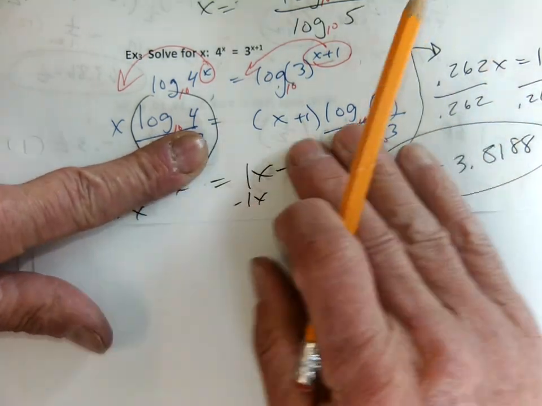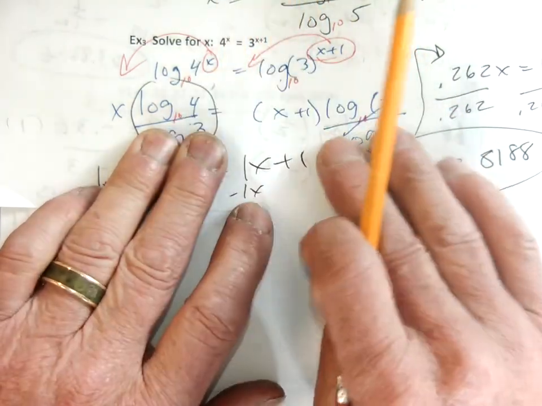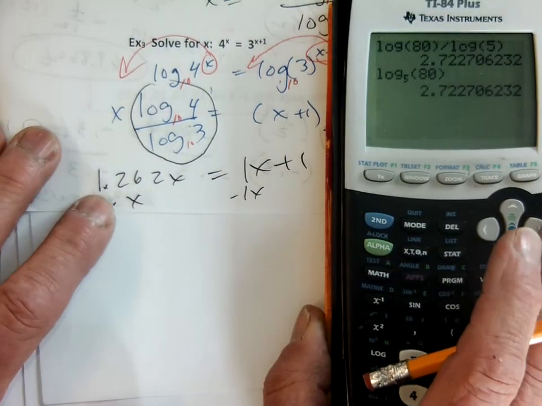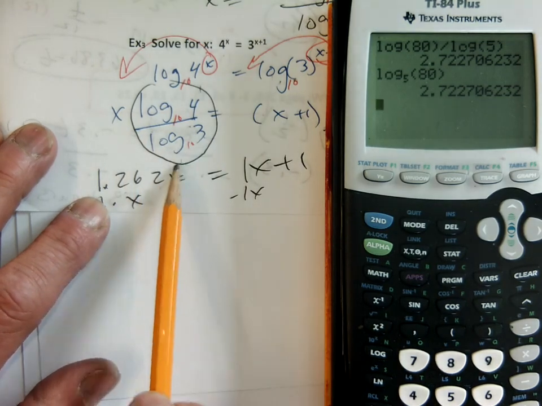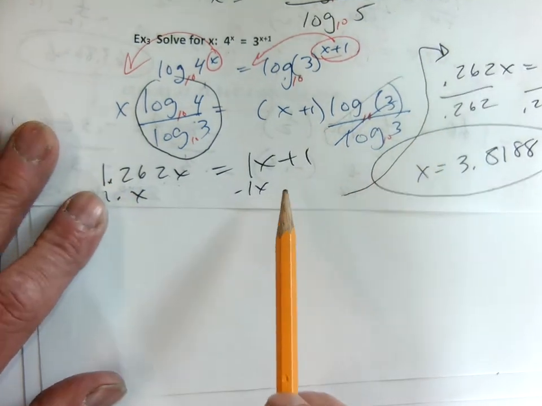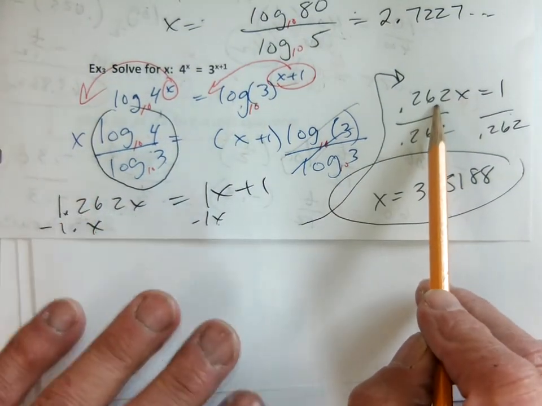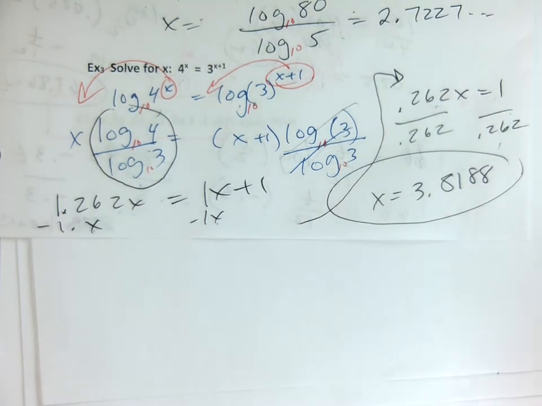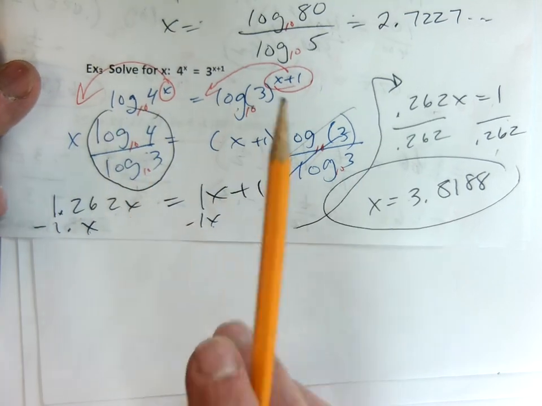I divide by log 3 on both sides, and I use my calculator, and I got 1.262. Then to solve for x, the decimals, minus 1x gives me 0.26x equals 1, divided by 0.26, and I get about 3.818. So this is an example of how I had to make them the same base 10, okay?